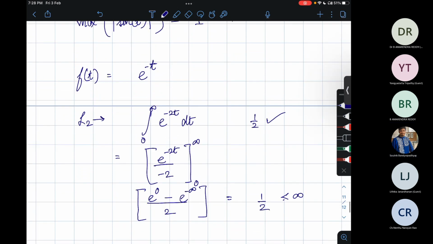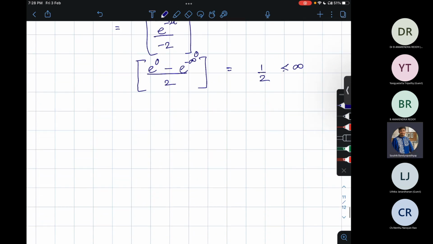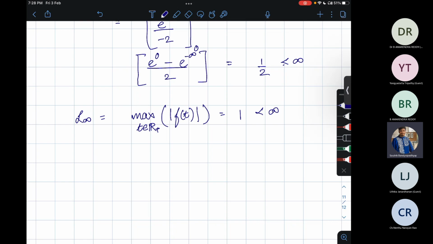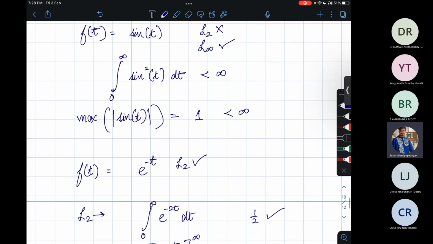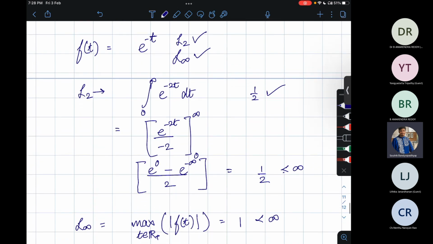Hence, this function was L2. Now what about L infinity? The maximum value of it is 1, which is less than infinity. So it is L infinity, right?